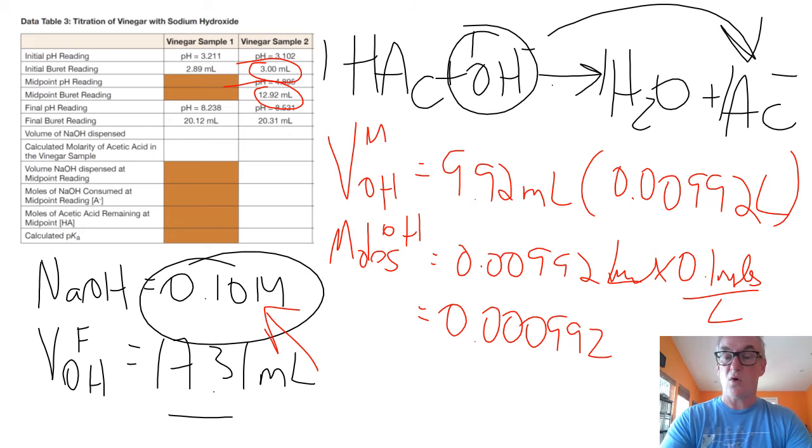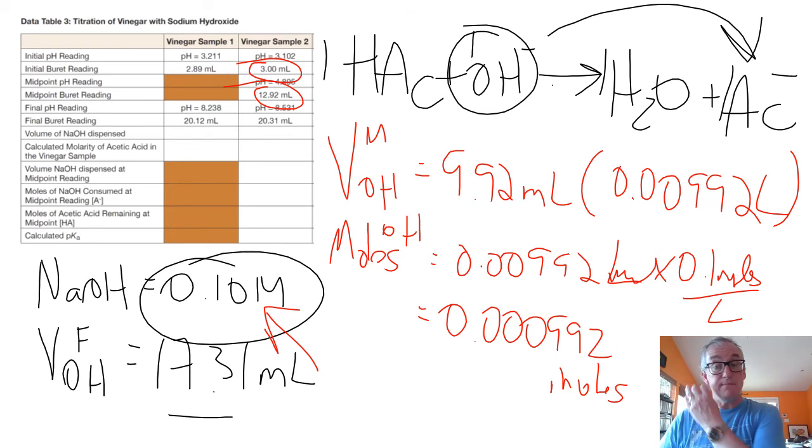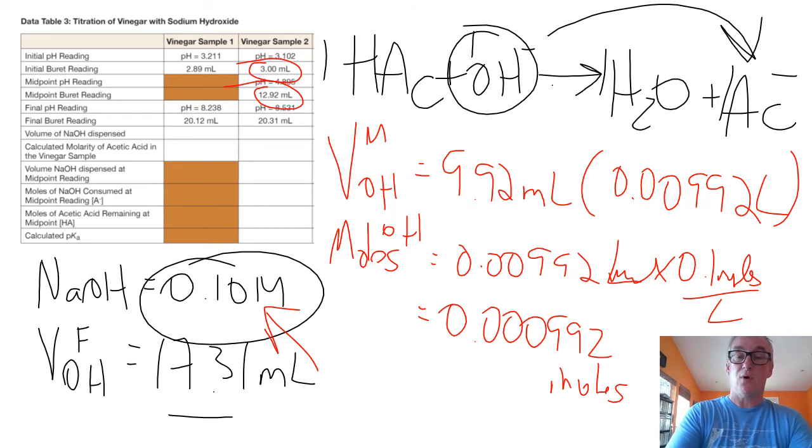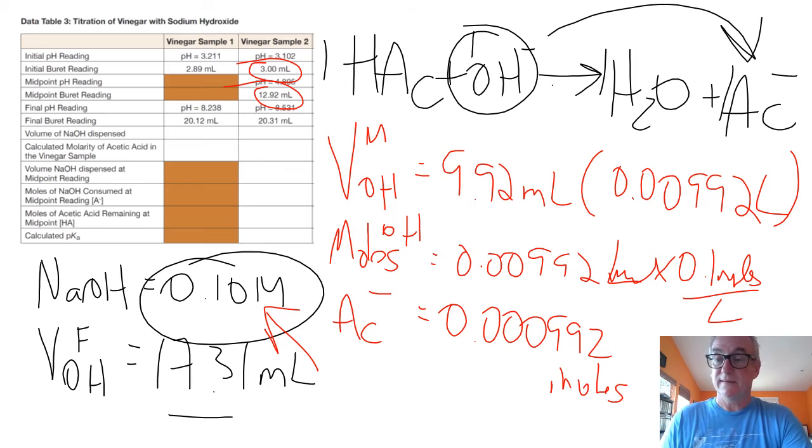Again, dealing with small numbers. So that's how many moles of hydroxide were used halfway through. That also tells us how many moles of acetate are present halfway through. That's the amount of acetate ion halfway through our titration.